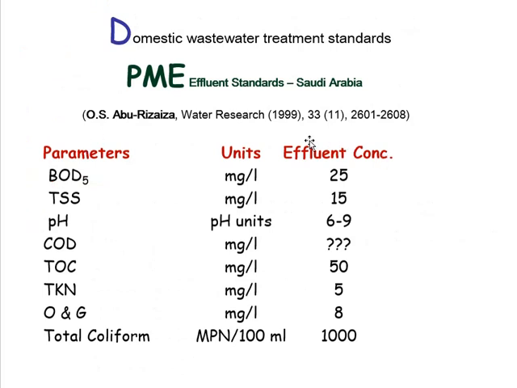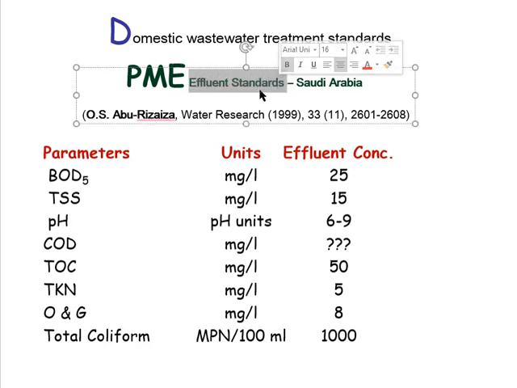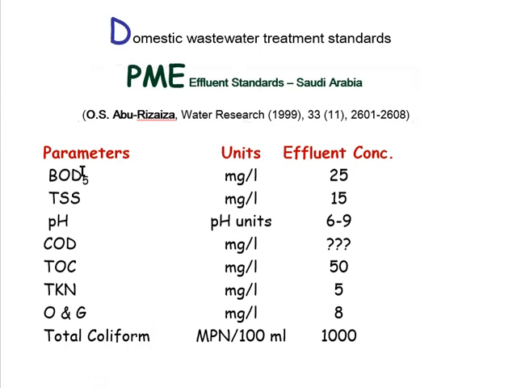These are some of the standards followed in Saudi Arabia, like the Presidency of Meteorology and Environment in Saudi Arabia. They have the effluent standard. Effluent means the wastewater after treatment. So the standards for the effluent are given here. For example, you did the treatment of the wastewater, then you check the quality in the lab and you check all these things: the BOD, solids, pH, COD, all this.